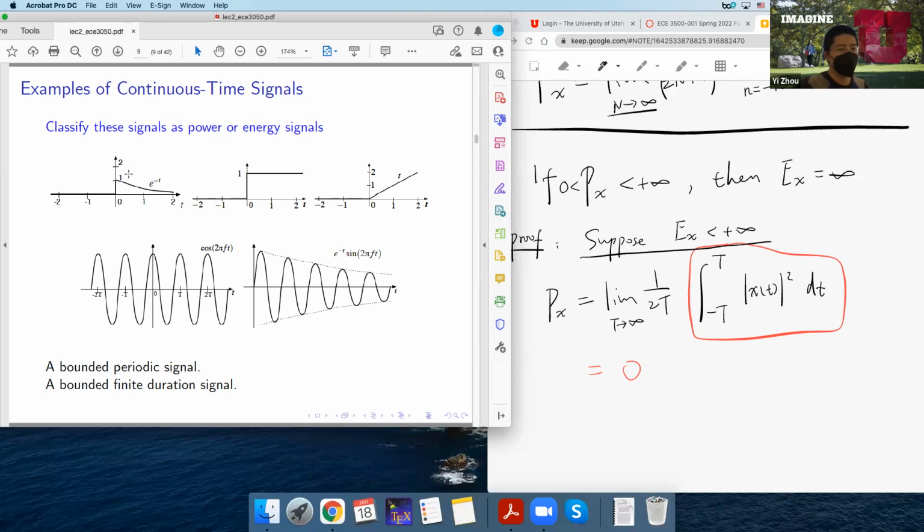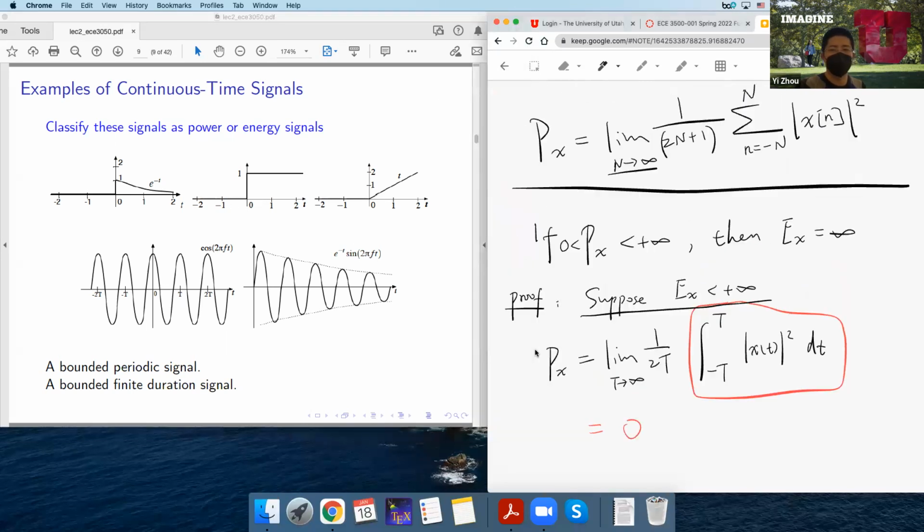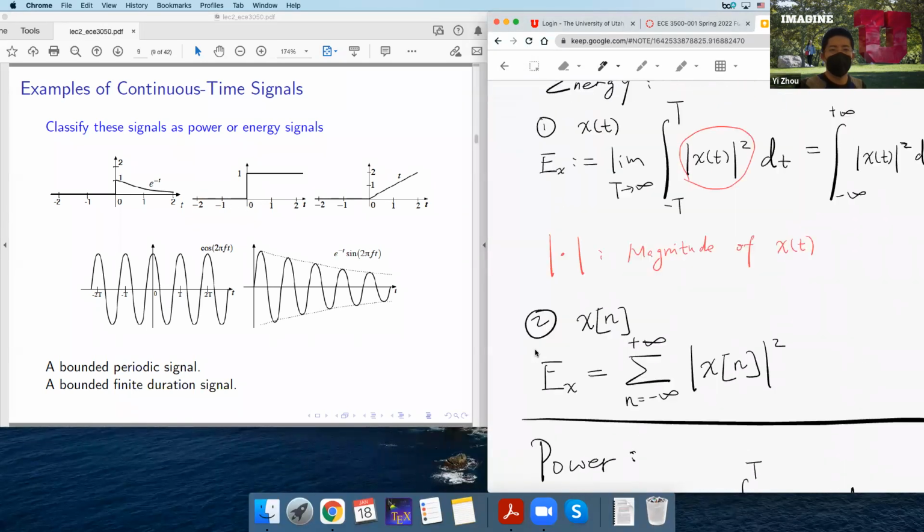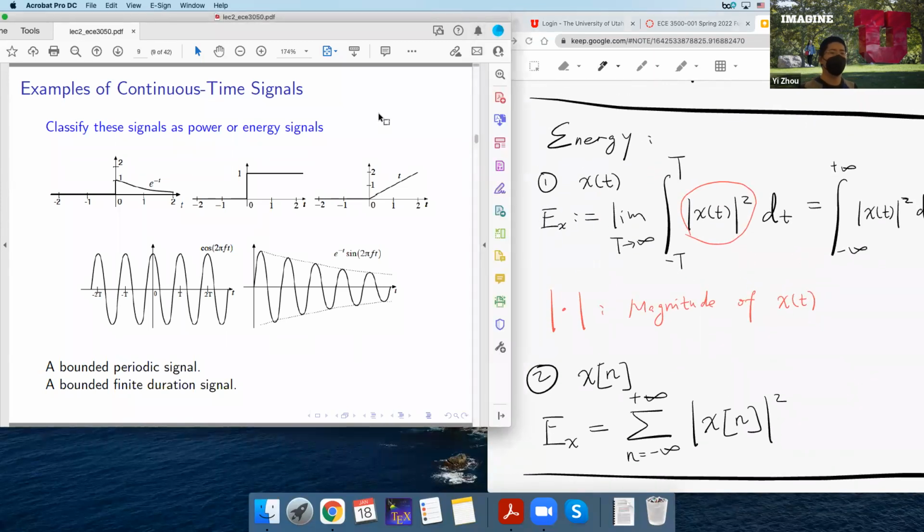Okay, let's look at one of the examples first. How about the second one? It's a rectangle signal, which is pretty simple in this case. First of all, this is a causal signal, right? By definition of causality, the signal only exists in the positive domain.